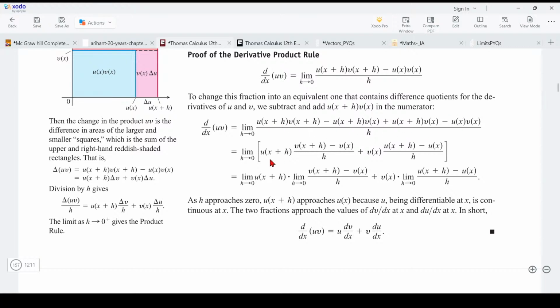We took u of x plus h common and wrote it like this, and this one we wrote like this. Now again we are taking this piece common. So u of x plus h into the limit of this one plus v of x plus h into the limit of this one. What is the limit of this one? This is v dash. And this one is u dash, right?